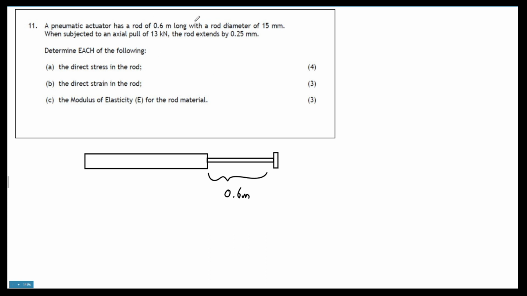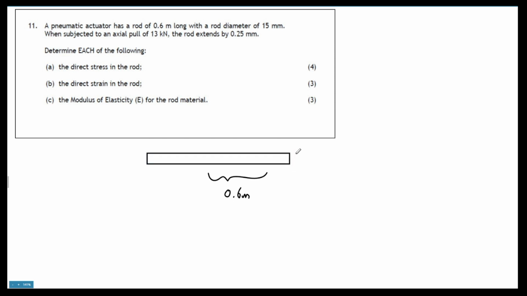Okay, so 0.6 meters long with a rod diameter, the diameter of this thing. I suppose I should change it into just a steel rod like this. That's meant to be a cylinder. Yeah, let's draw it as a cylinder because that was a little bit misleading.